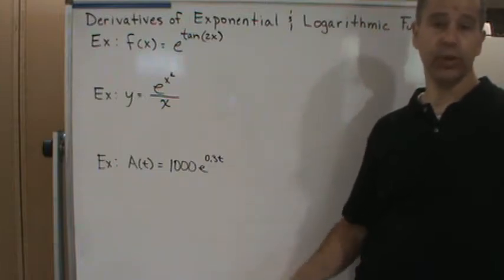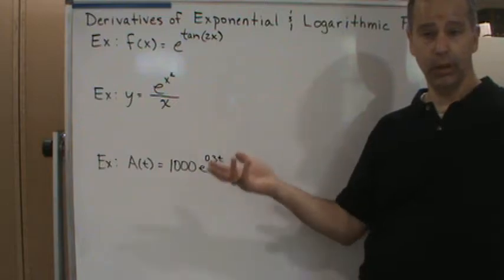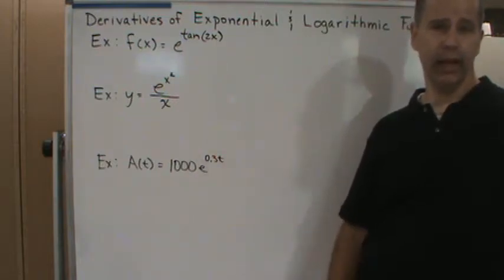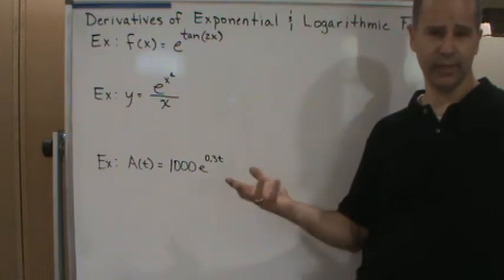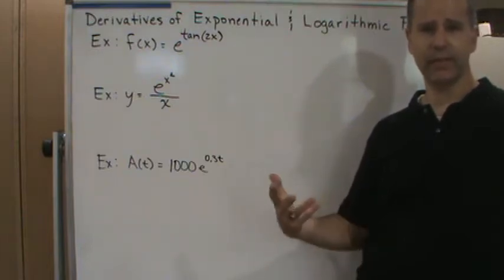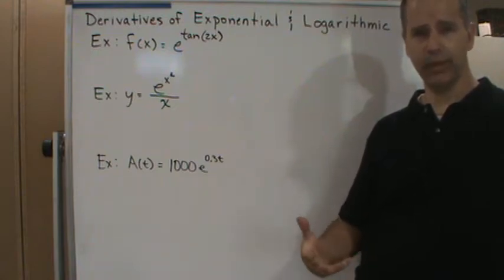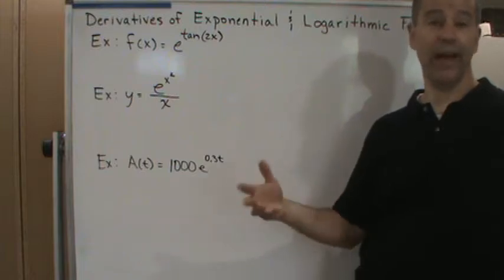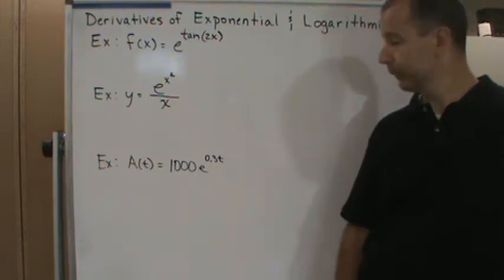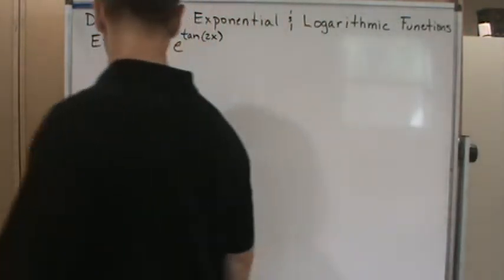Logarithmic functions are used for rescaling large numbers, for example, the Richter scale for measuring the intensity of earthquakes, or the decibel scale for the intensity of sound. All those are on logarithmic scales to help us deal with really large values. So anyway, let's move on and do some of these examples.